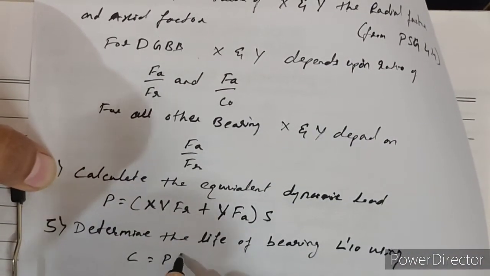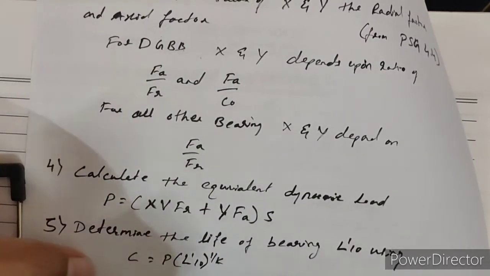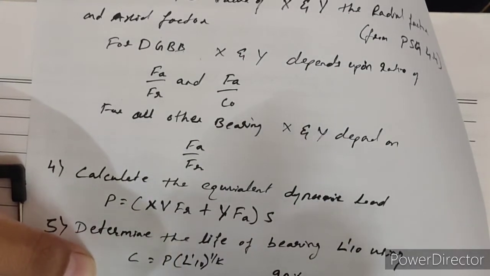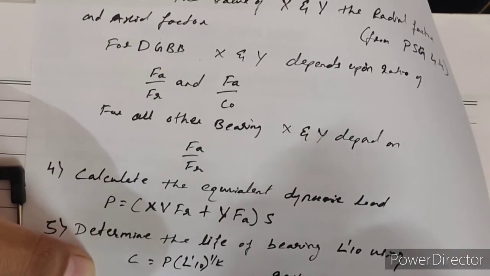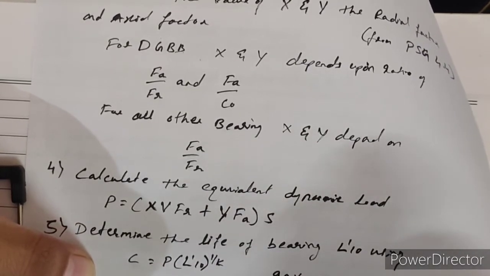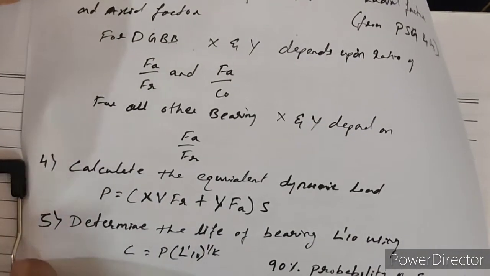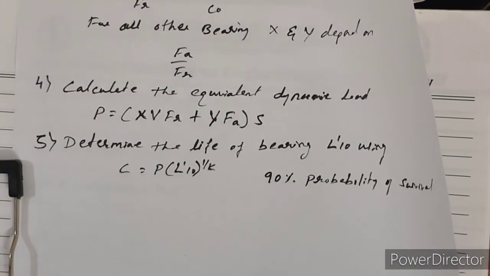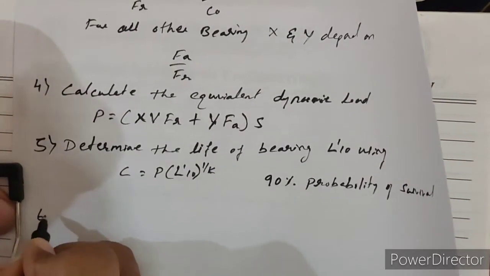So it is given by C is equal to P into L'10 raised to 1 by K. That is 90% probability of survival.